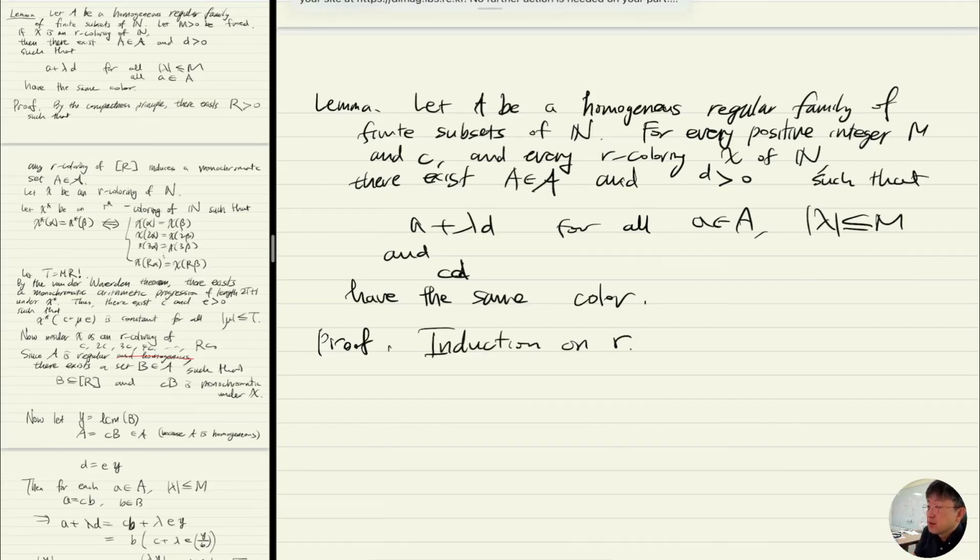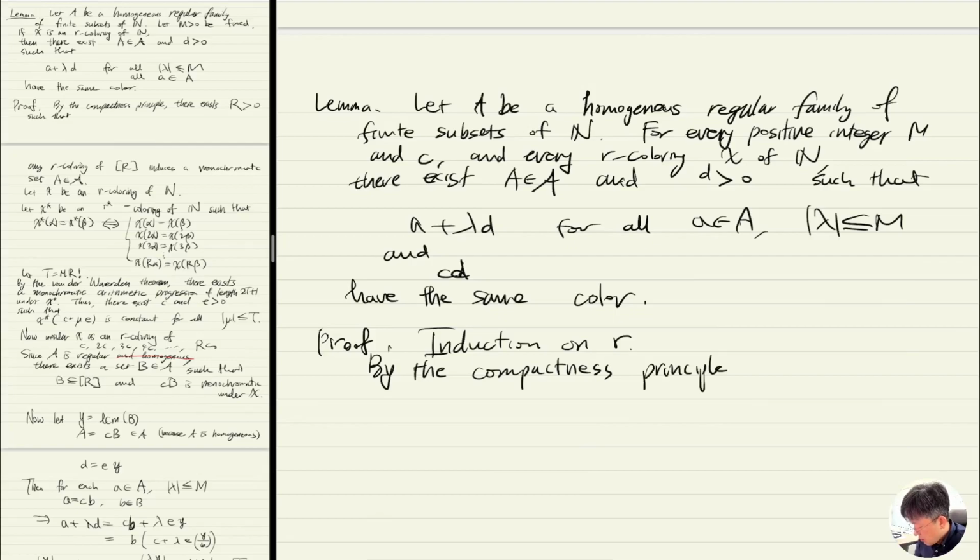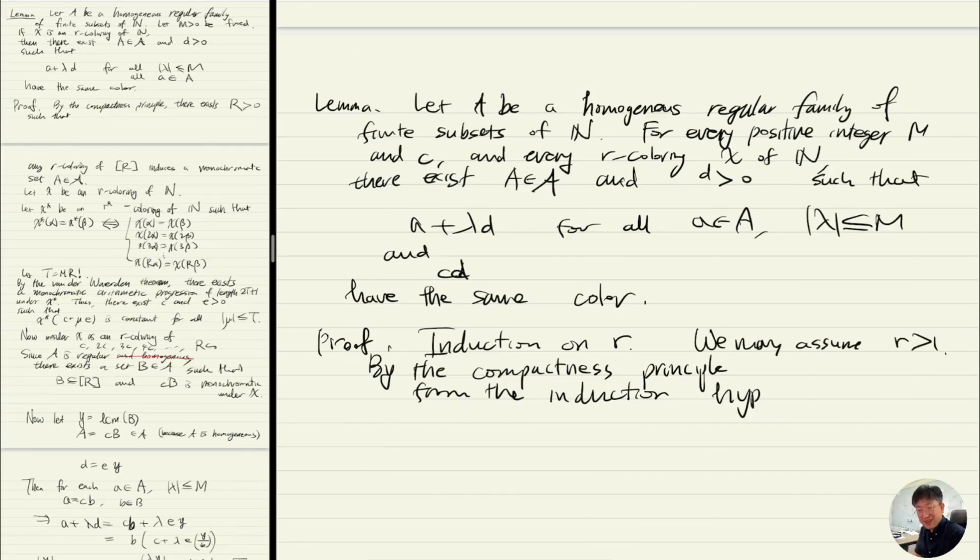All right, so by the compactness principle, from the induction hypothesis, we may assume r is bigger than 1. If everybody has the same color, then there's nothing to prove.